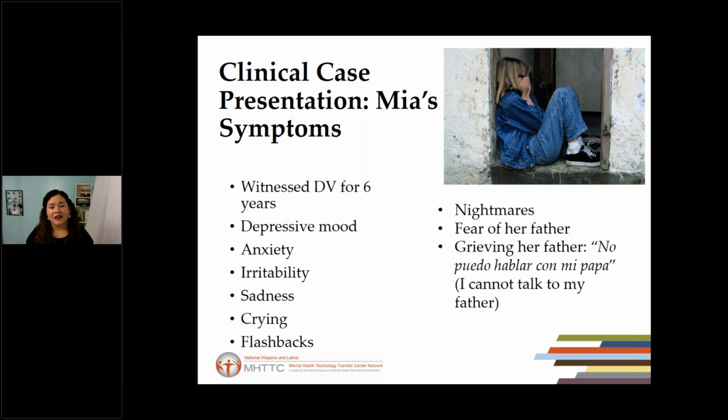She was presenting depressive mood and anxiety and irritability, mostly toward her mom that was there for her. The mom said she's screaming sometimes at me, or she starts crying for no reason. There were some times when she started crying at school, and she had flashbacks.